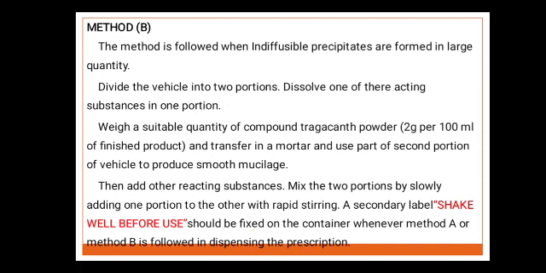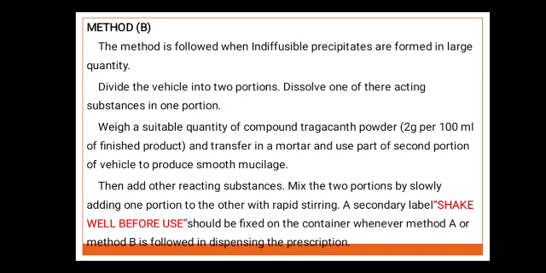Then weigh a suitable quantity of compound tragacanth powder, 2 grams per 100 ml of finished product. Means, if we have to prepare 100 ml of finished product, the suspending agent known as compound tragacanth powder should be taken in the proportion of 2 grams per 100 ml of finished product, and transferred into a mortar, using part of the second portion of vehicle to produce a smooth mucilage.